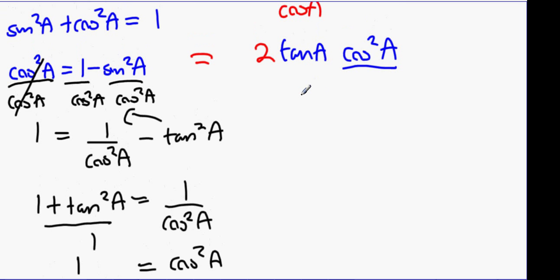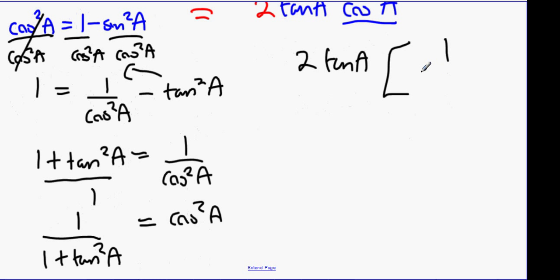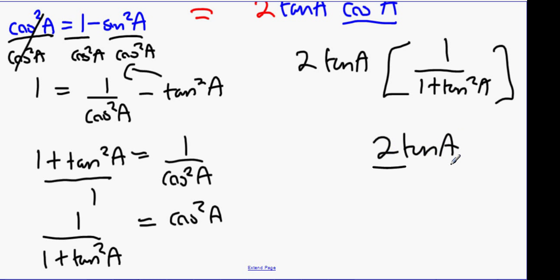This cos squared A disappears off, and it becomes 1 divided by 1 plus tan squared A, and then we're going to get 2 tan A over 1 plus tan squared A.